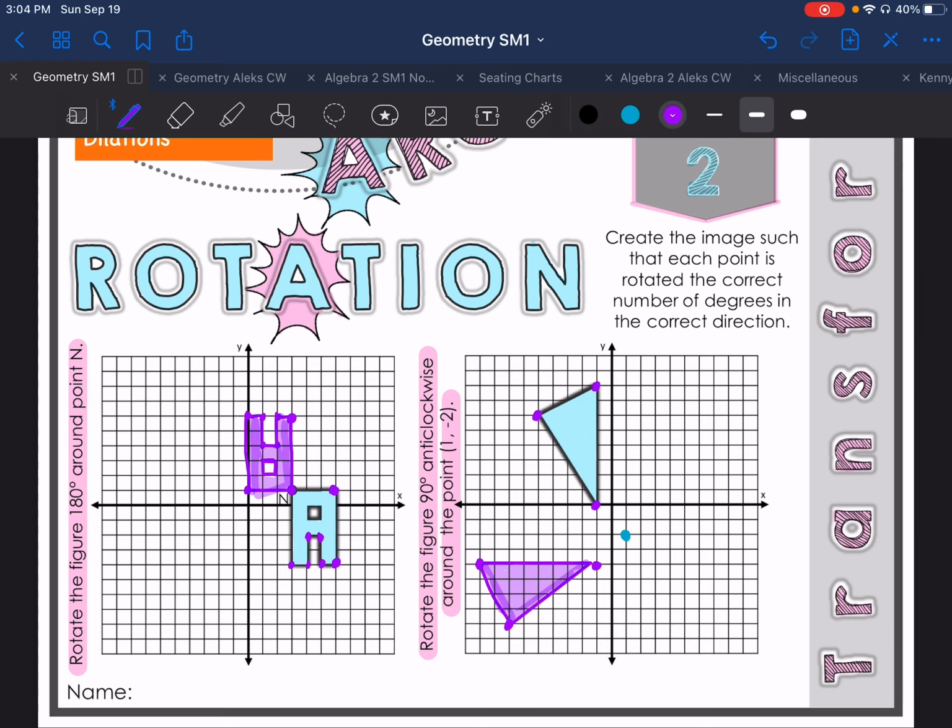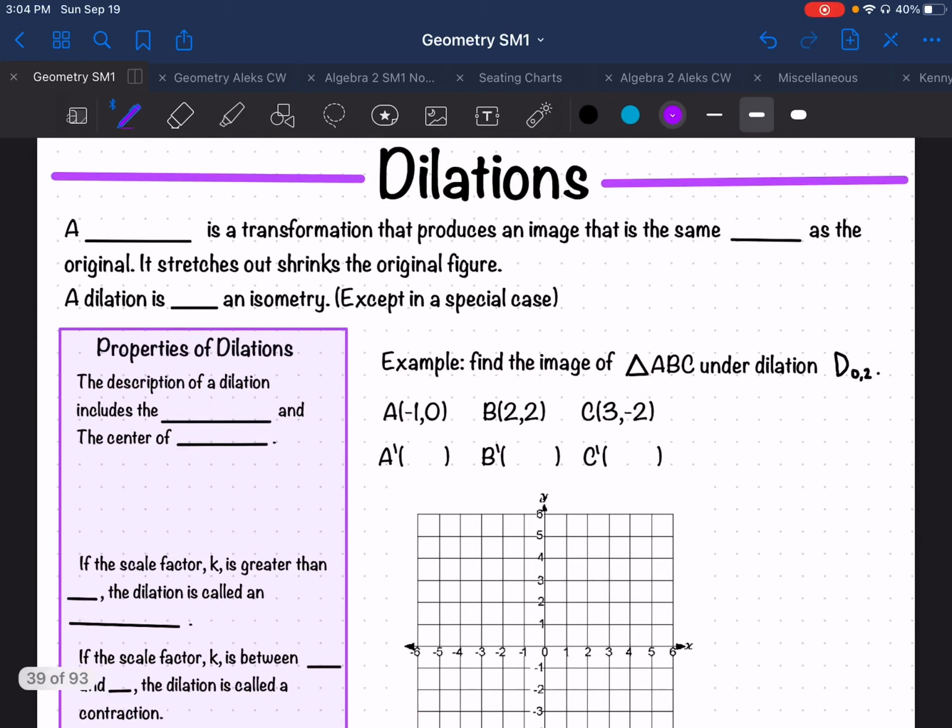Rotation. All right, the last one that we're going to talk about today is dilation. A dilation is a transformation that produces an image that is the same shape as the original.